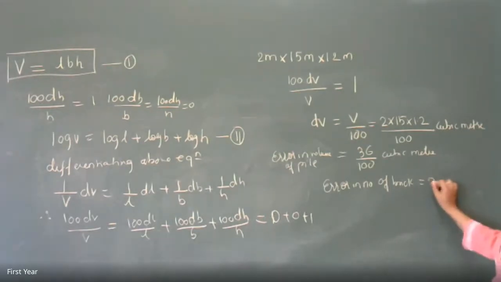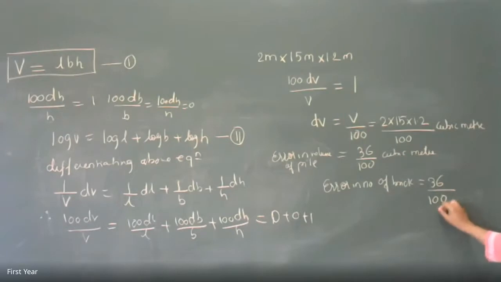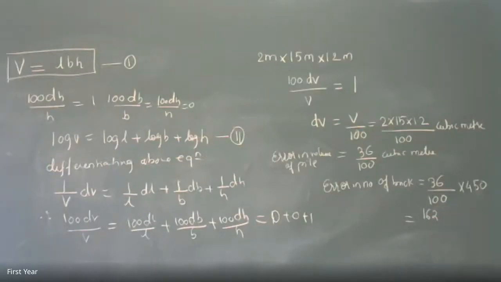Tell me what is written in the question. 450. Yes. So if this is the change in volume of one brick, what will be the total change in the number of bricks? It will be multiplied by 450. So what is this equal to? How much is this answer? 162.